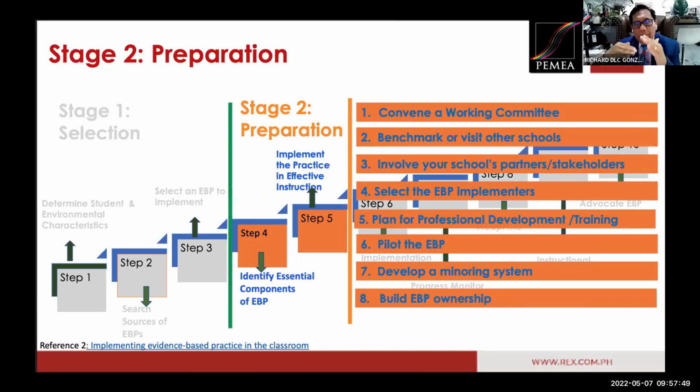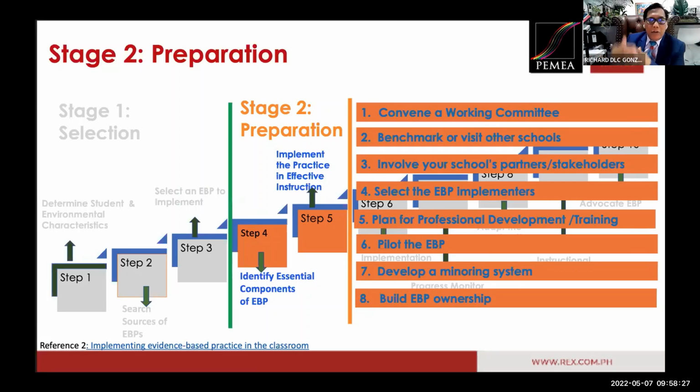So your goal has to be very clear to your students, your teachers, or whoever is implementing the EBP, that you have a common goal, and they have to adhere to that goal. So how do you do this? One strategy is to involve teachers to choose the EBP, to suggest EBPs that are easy to implement, especially if you're implementing it for the first time.